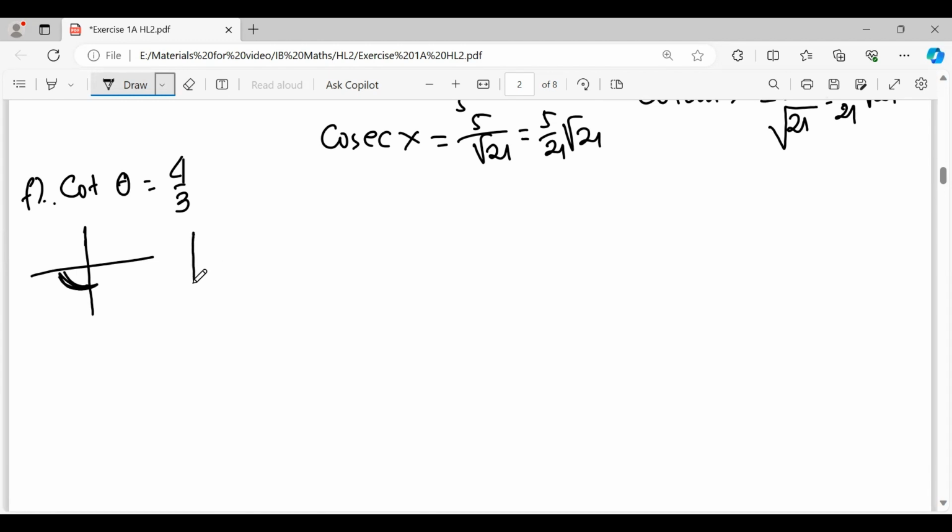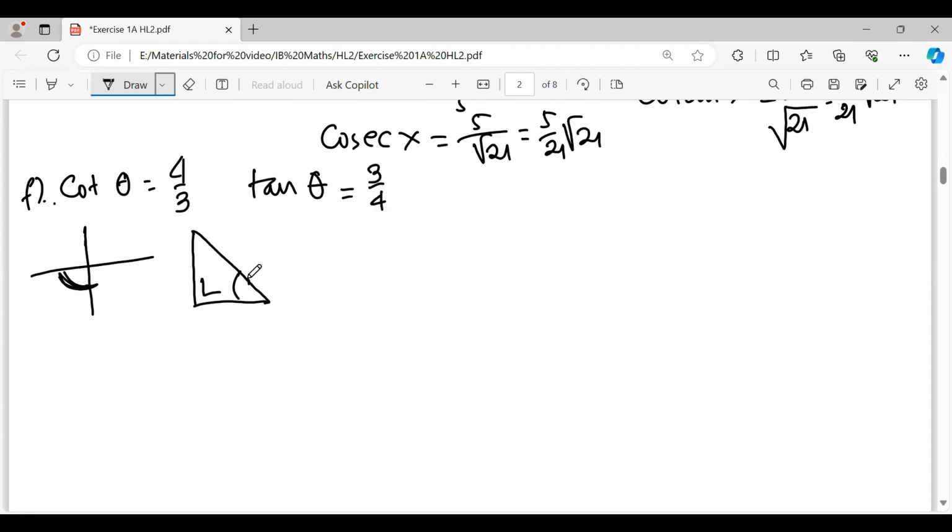And the triangle. Tangent is the inverse of cotangent, so the value is the opposite of this value, 3/4.